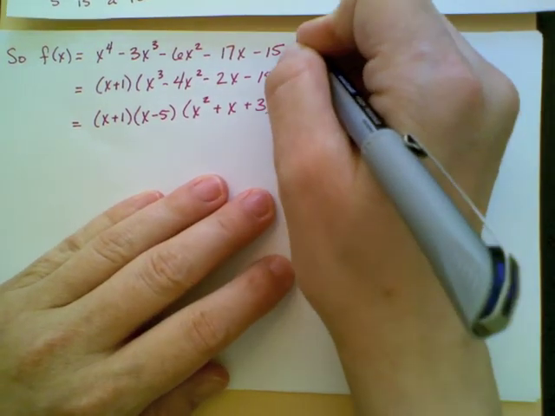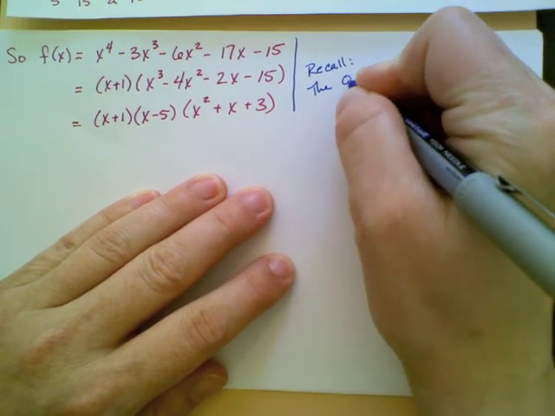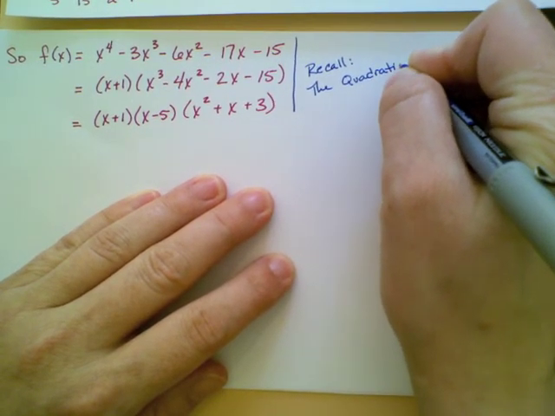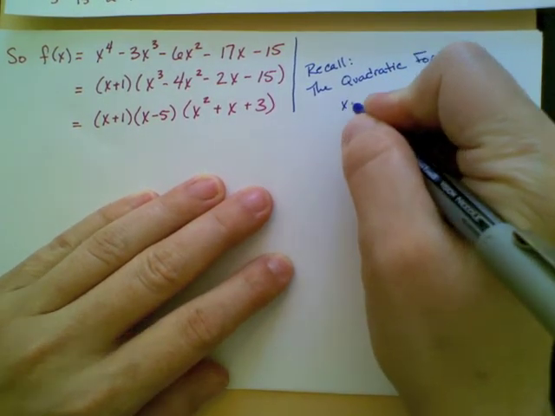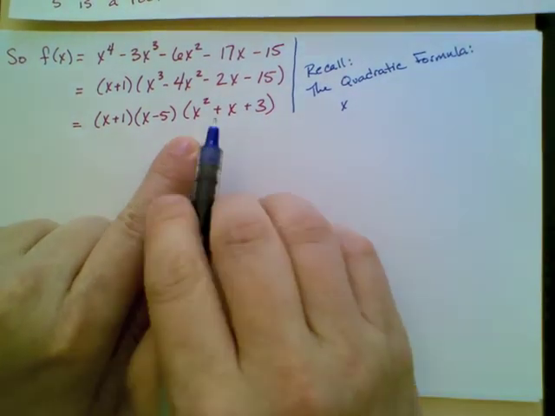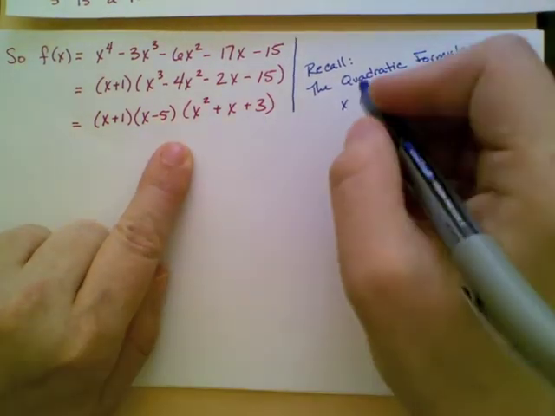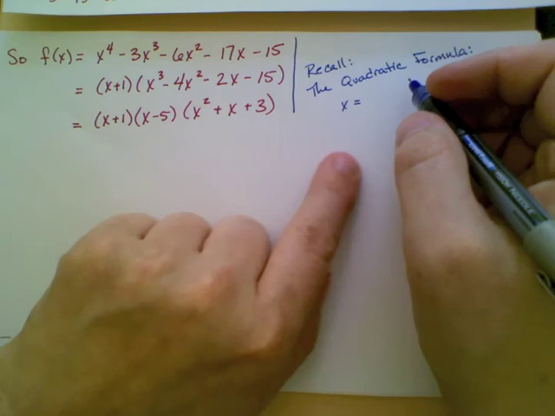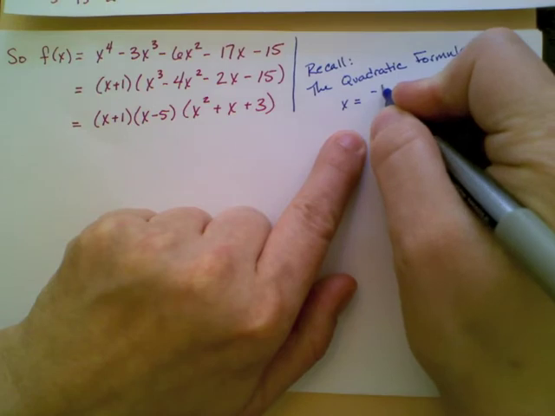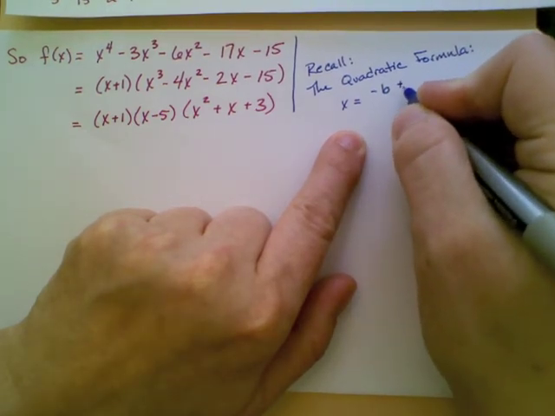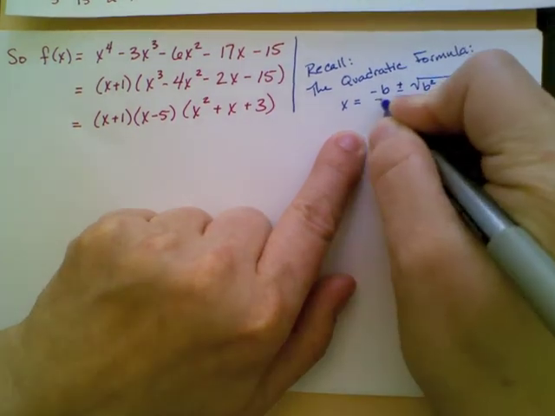So I'll change color and make a little note to the side. Recall the quadratic formula. That's if I have a quadratic equation in standard form, which is ax squared plus bx plus c, then the roots of that are x equals -b plus or minus the square root of b squared minus 4ac all over 2a.